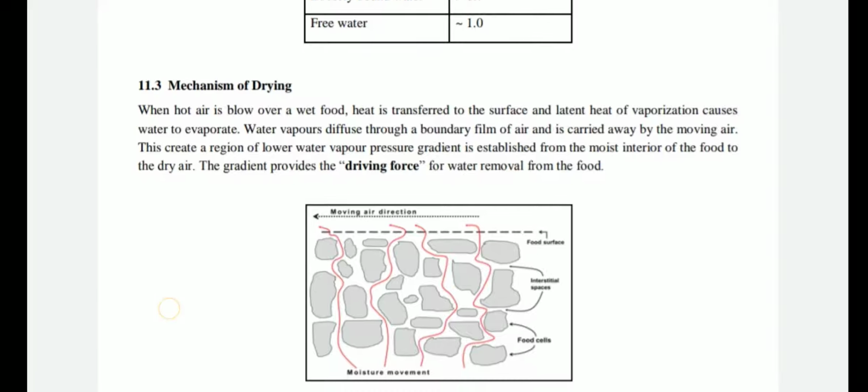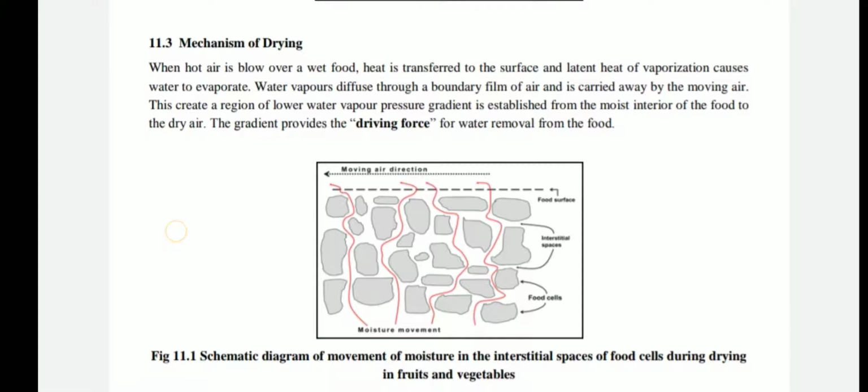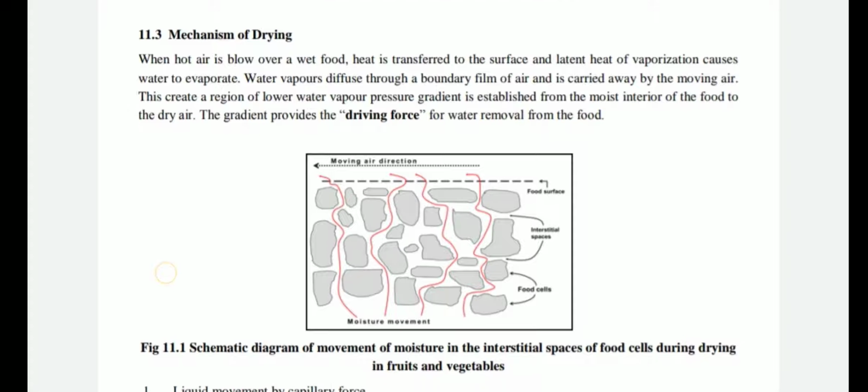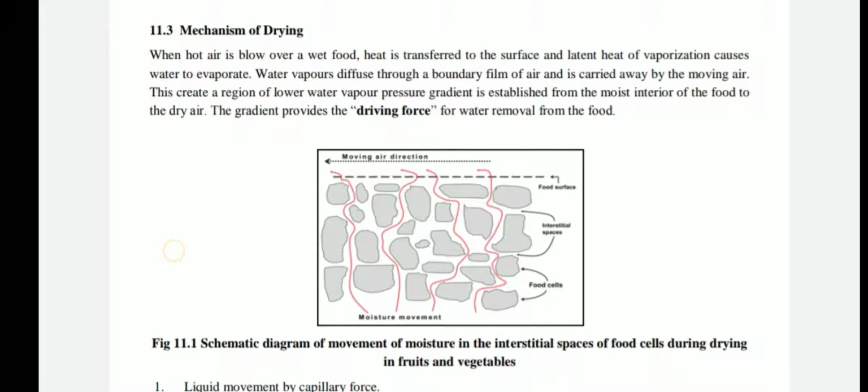Now, mechanism of drying. When hot air is blown over a wet food, heat is transferred to the surface and latent heat of vaporization causes water to evaporate. Water vapors diffuse through a boundary film of air and are carried away by the moving air.